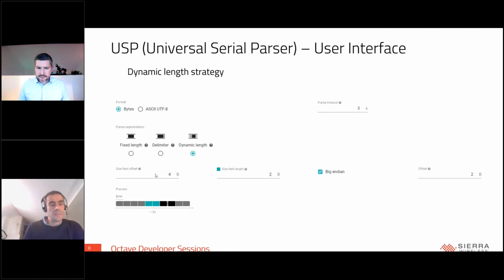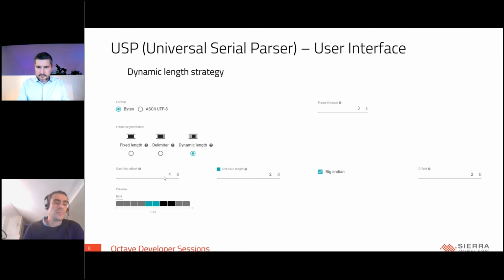So here, the user interface allows you to set where the size field is in the frame, its length, and also if there are some extra bytes at the end to be removed, like typically a CRC.